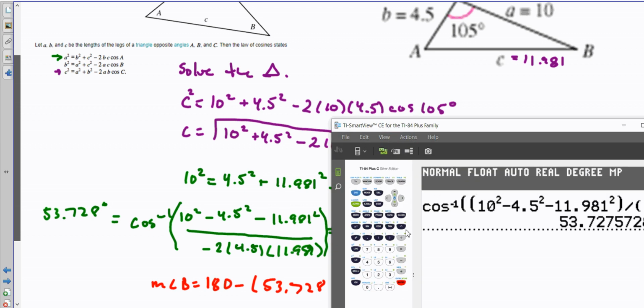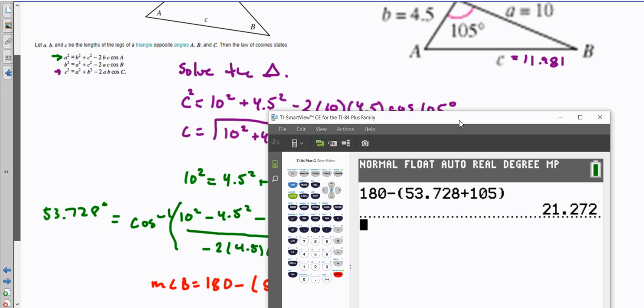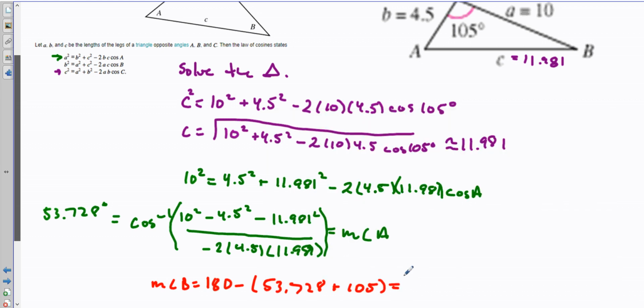If you want to, let's clear this, and we can go 180 minus the quantity 53.728 plus 105, and bada bing, bada boom, 21.272. 21.272 degrees is our answer for the measure of angle B.